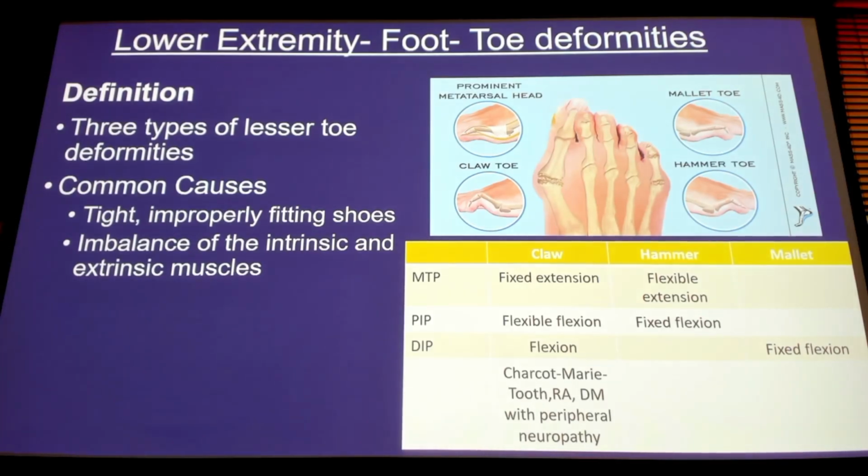Right here, this is your PIP, it's locked in flexion. Now, the MTP, the joint that is closest to the metatarsal heads, right here, may or may not be in extension. In most cases, it is overtly extended.